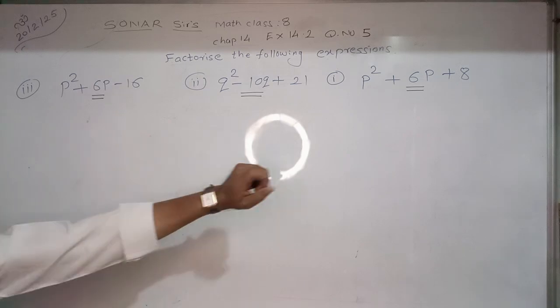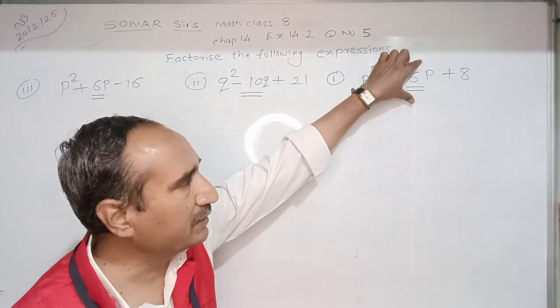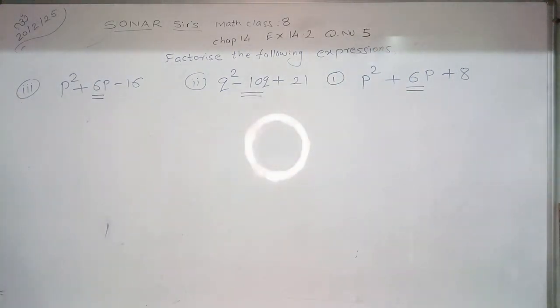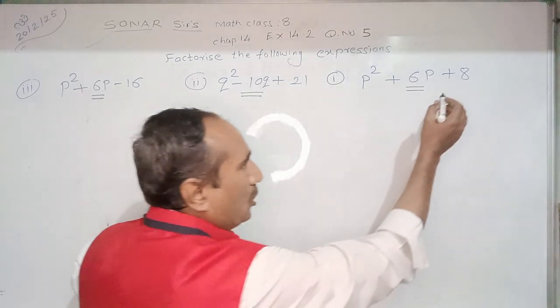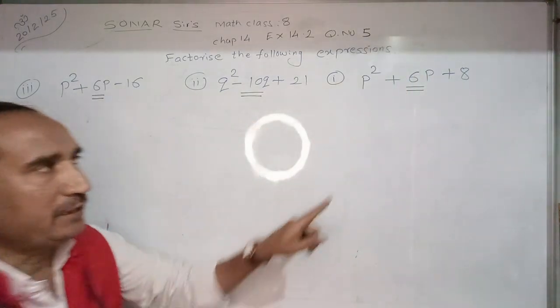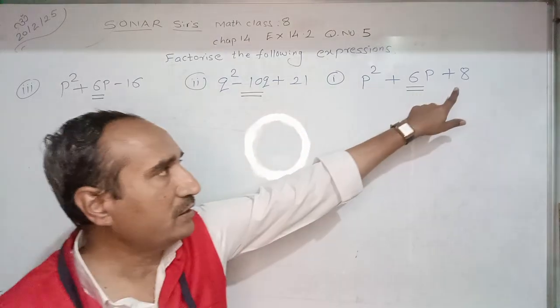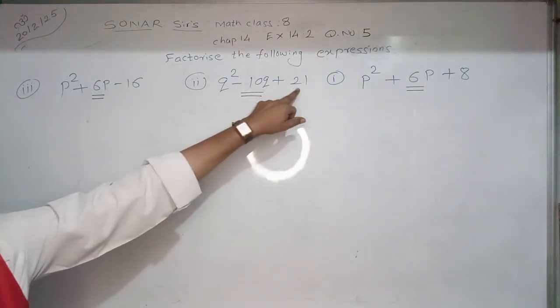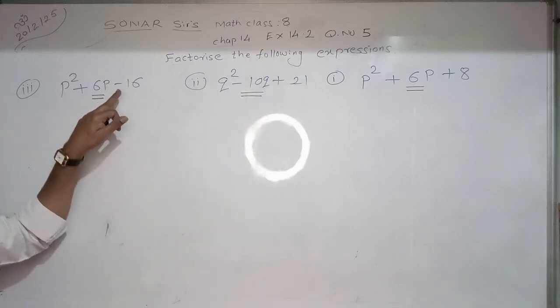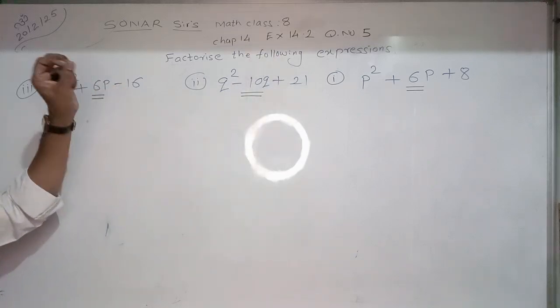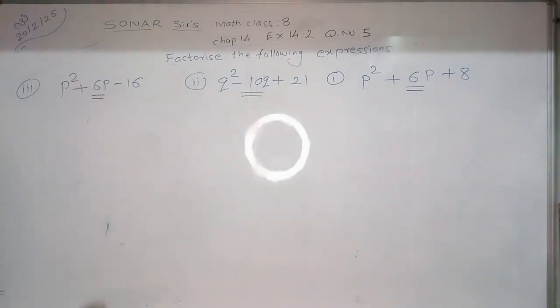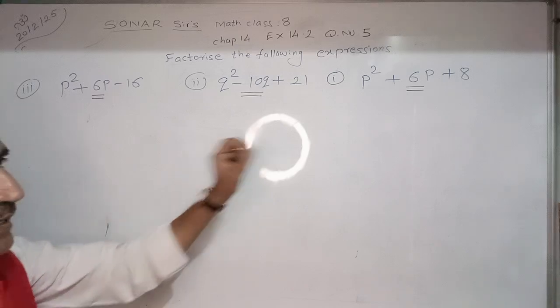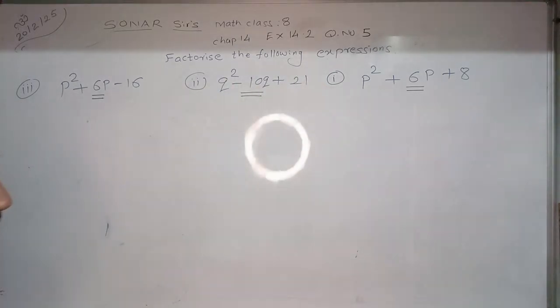Now what exactly do we have to carry out with this middle term? We have to consider the constant term. Here in the first question, the constant term is 8. In the second question, 21. And in the third sub question, minus 16. Now what is the middle term separation method?